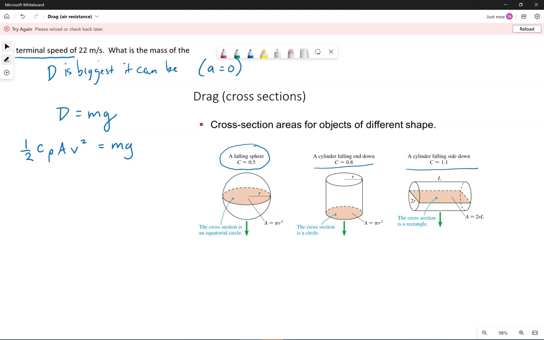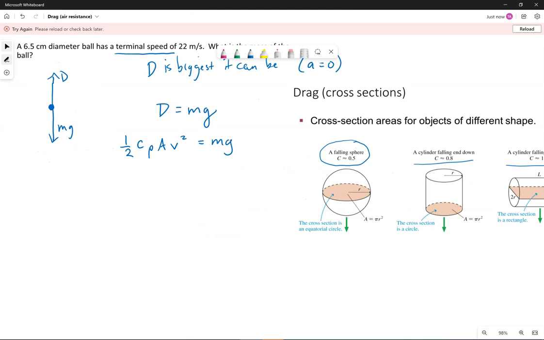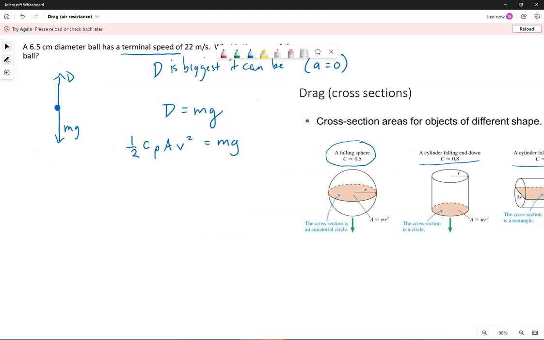In this particular case, we have a ball, the 6.5 centimeter diameter ball, so we have a falling sphere. So we're going to just go ahead and assume a C value of 0.5. This is totally an approximated value. These values would actually have to be determined experimentally, doing wind tunnel tests.